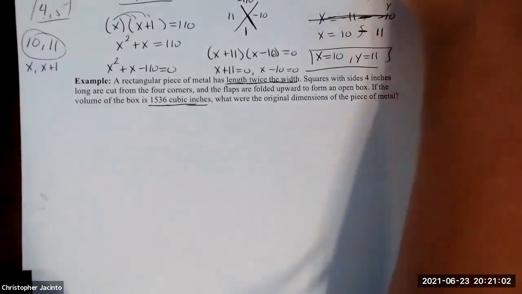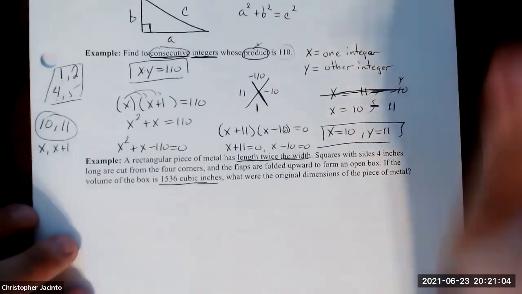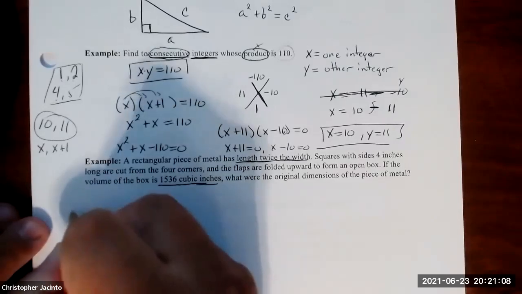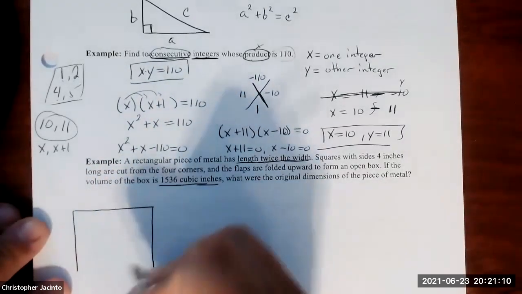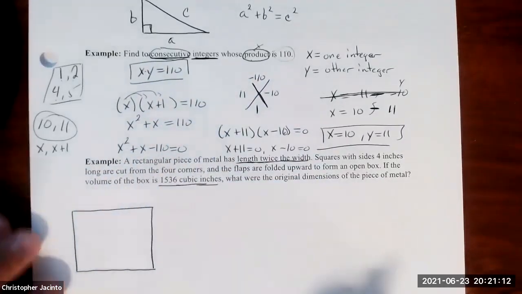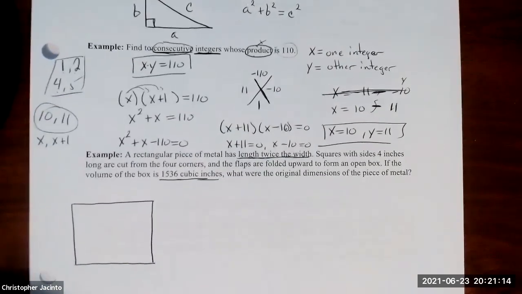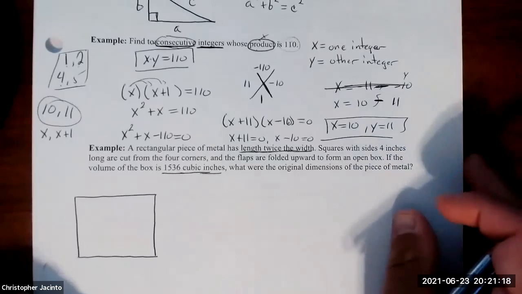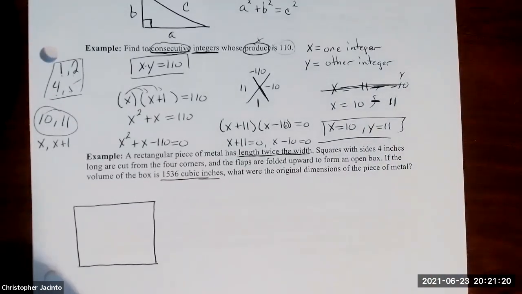What are the original dimensions of the piece of metal? All right, let's see. So it tells us we have an open box. So let's first make a rectangle here. Okay, start there. And it says squares with sides of 4 inches long are cut from the 4 corners.